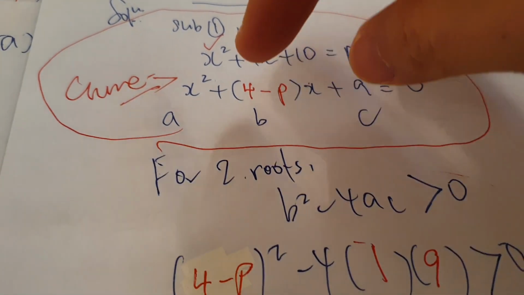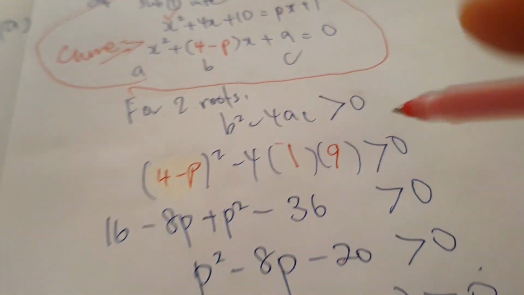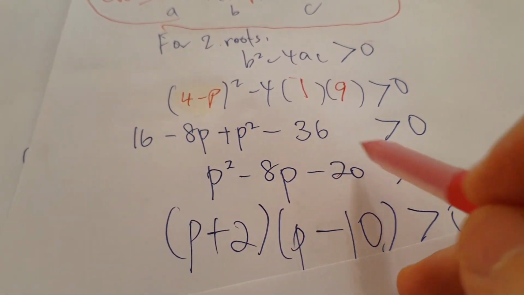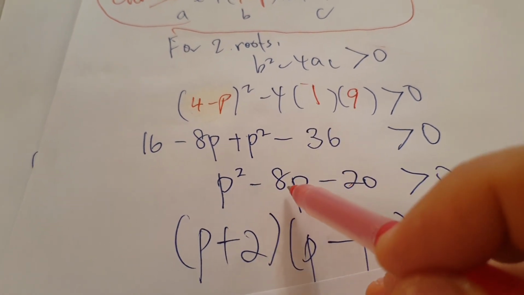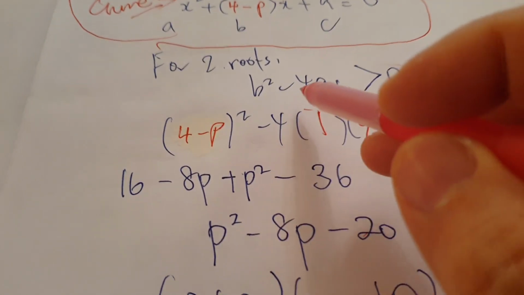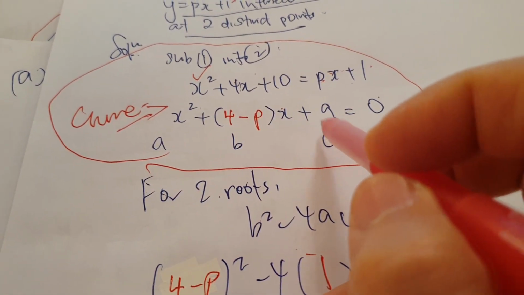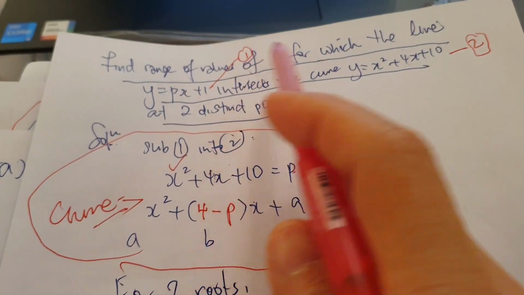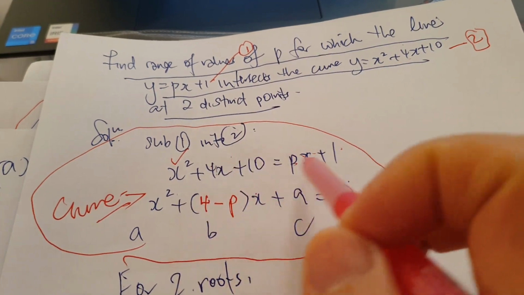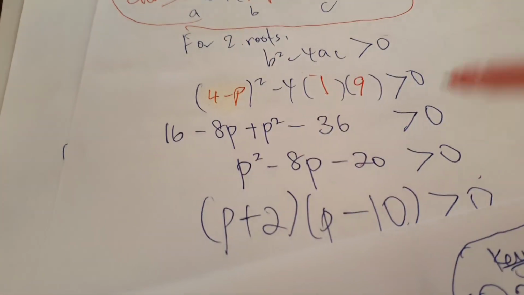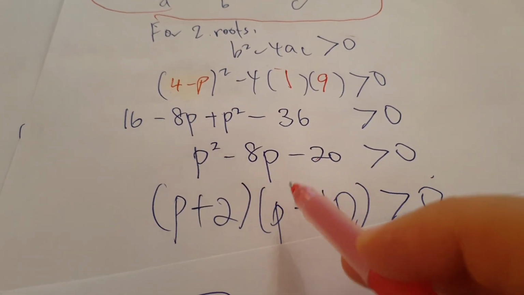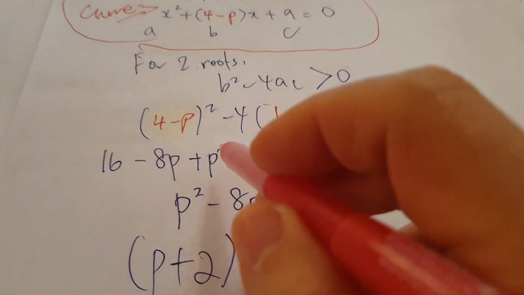Then to study this curve, you need your b squared minus 4ac. So this quadratic equation is the quadratic equation of the discriminant, whereas this quadratic equation is the quadratic equation of the curve that they give you here, but you're writing it in an equivalent form. So that's what you have here, and then you factorize.